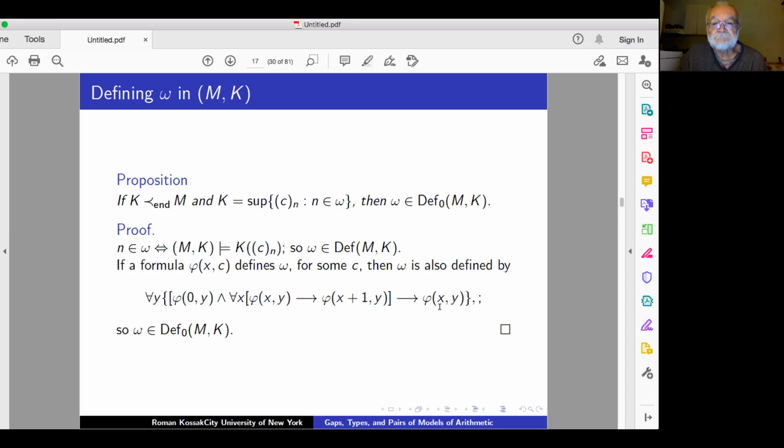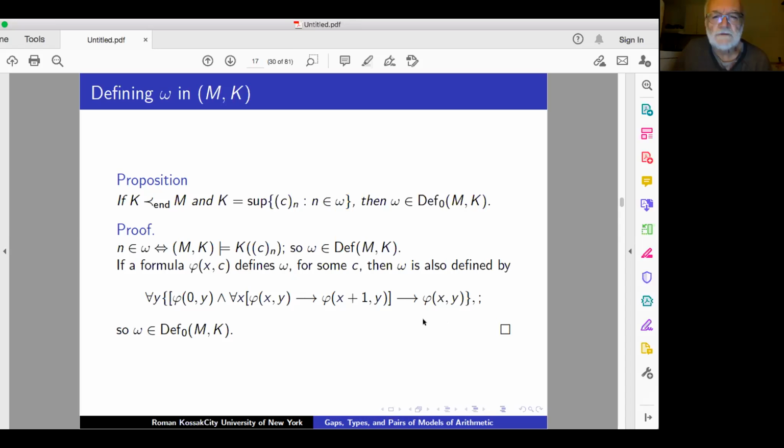And since there is one parameter, now I worry about something here. Do you worry about something here?